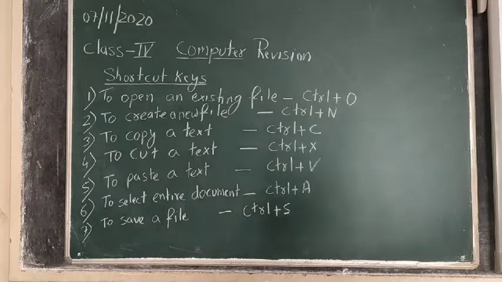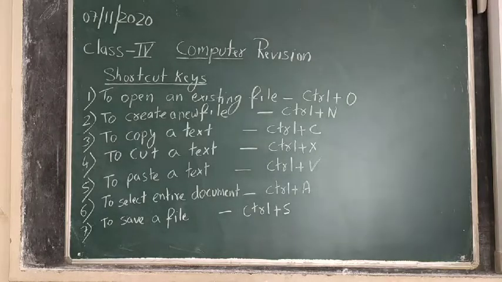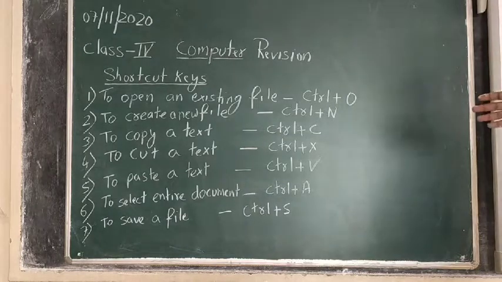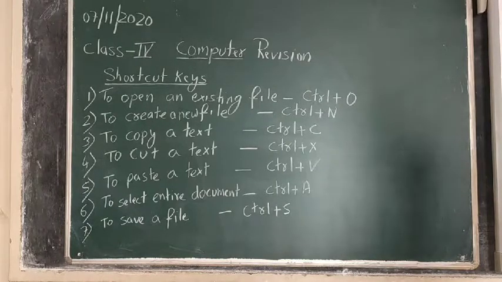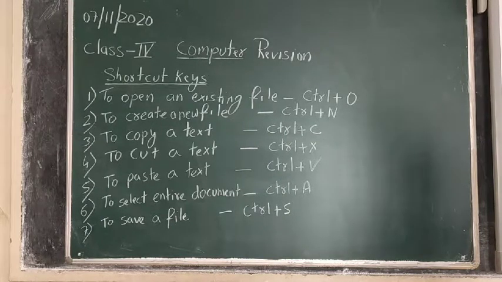Then we will move to some more keys. Some of these shortcut keys we have already discussed earlier during the quarterly exam, but you have to learn them now also. So we move to the next one.